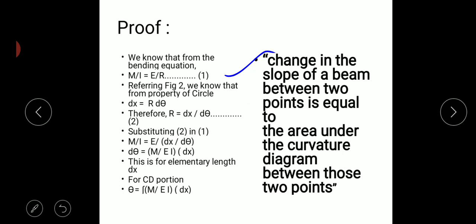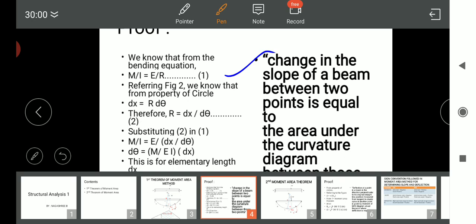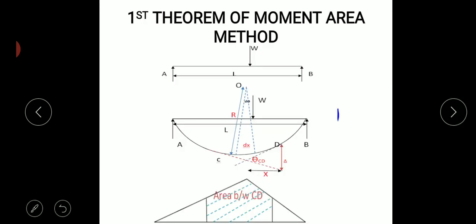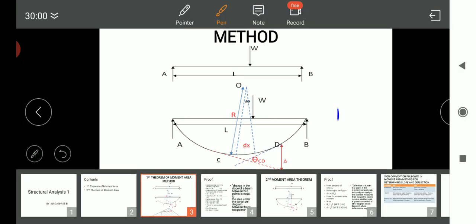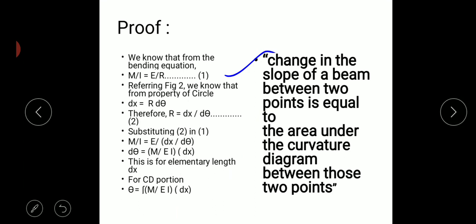So always you can straight away take the theta value, which I am going to calculate for the portion between C and D. In my first slide I have given figure 3. If I calculate the area of the shaded portion, I can straight away find the slope from that amount of area.